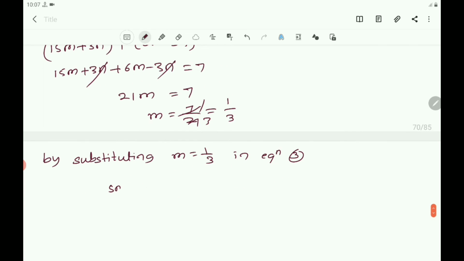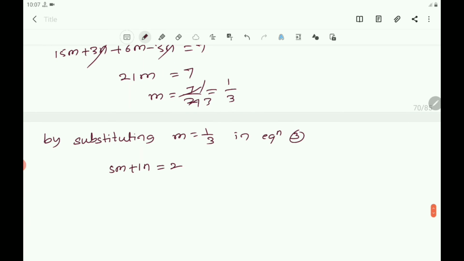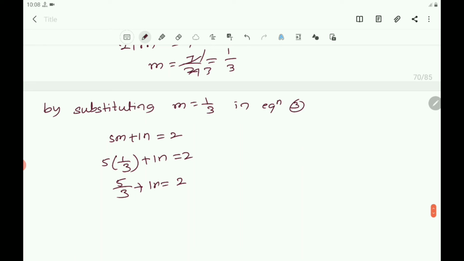Now you write 5 into 1 by 3 plus 1n is equal to 2. So 1n is equal to 2 minus 5 by 3.